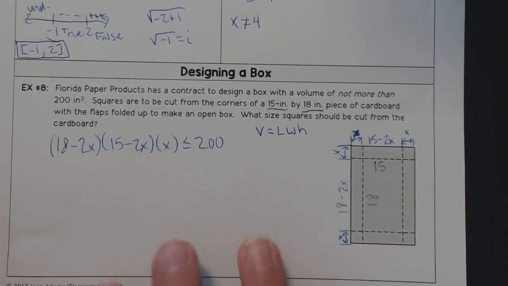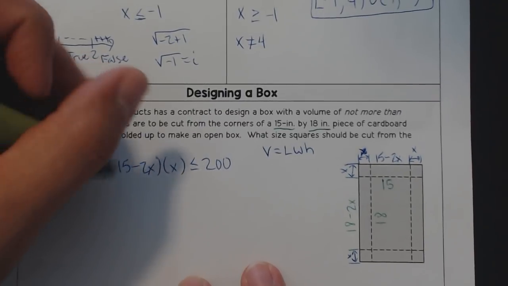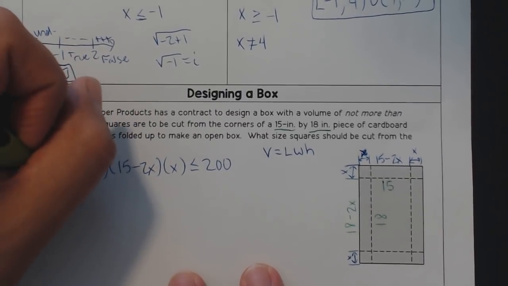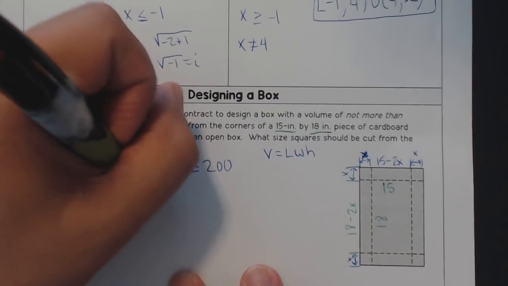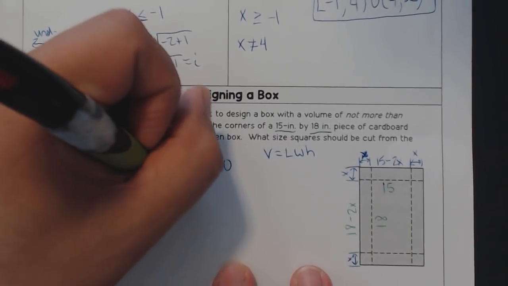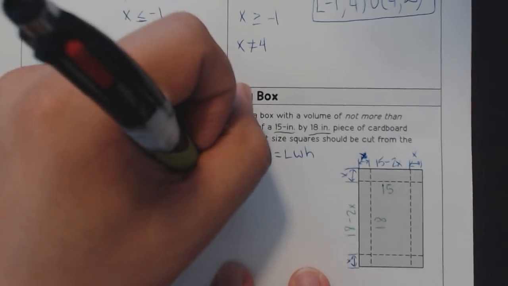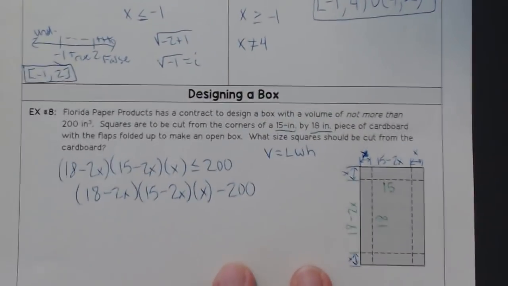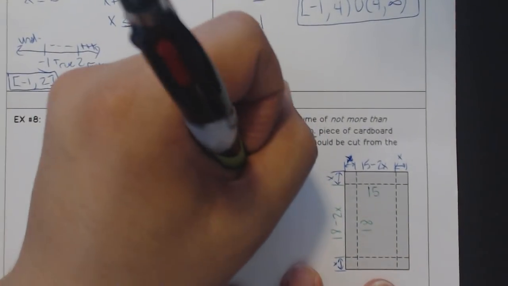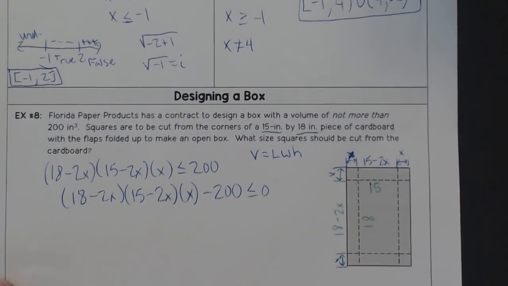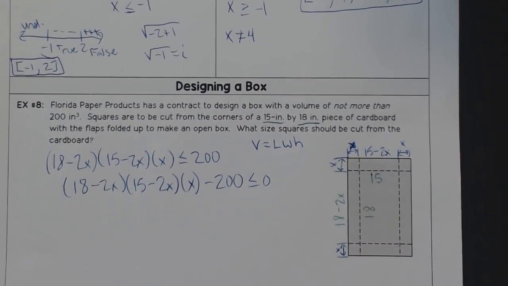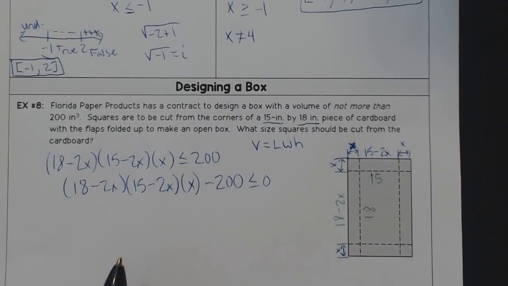I go about solving it. I get myself 18 minus 2x times 15 minus 2x times x. And I'm going to subtract the 200 over. So now it's going to be less than or equal to 0. I can plug this into the calculator just like how we've done it before.